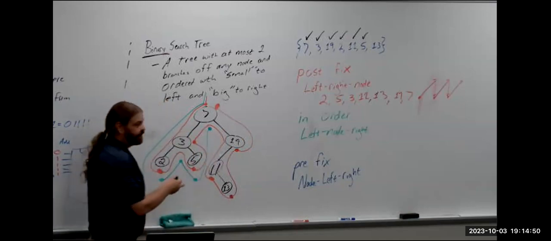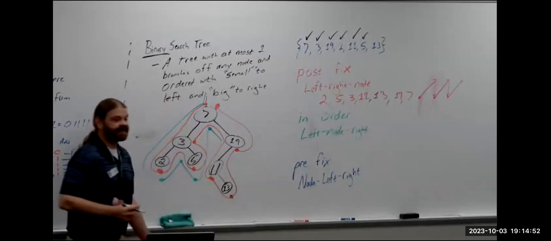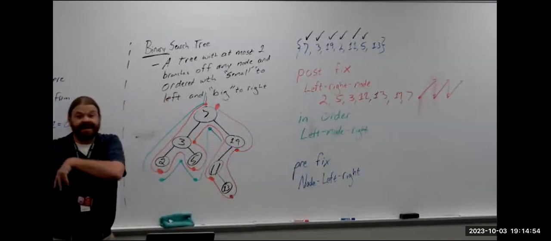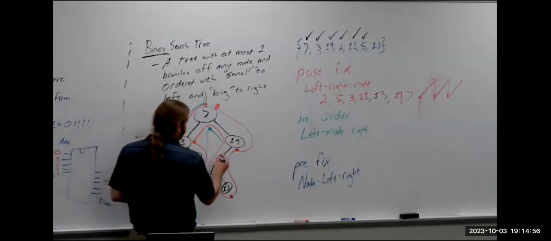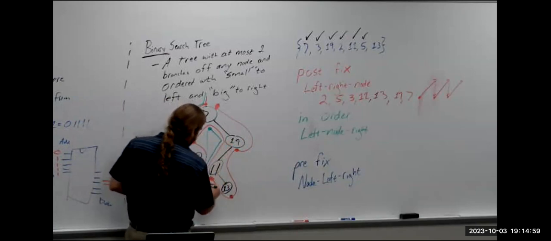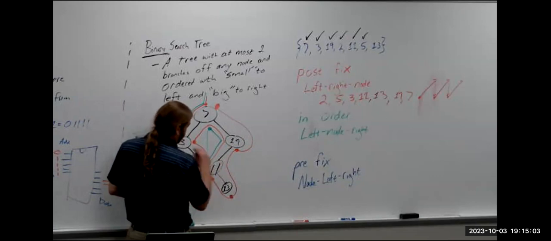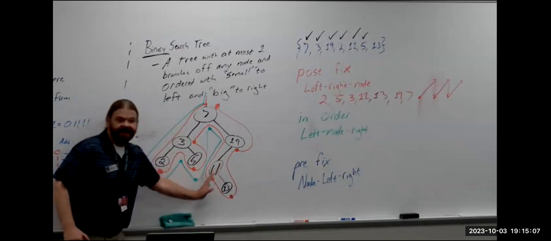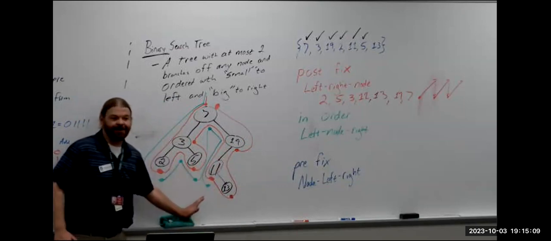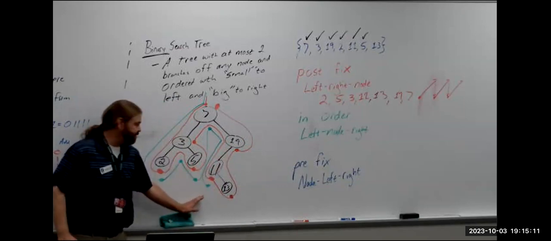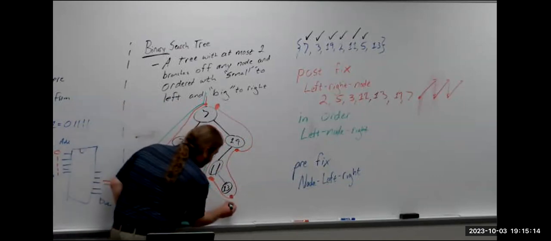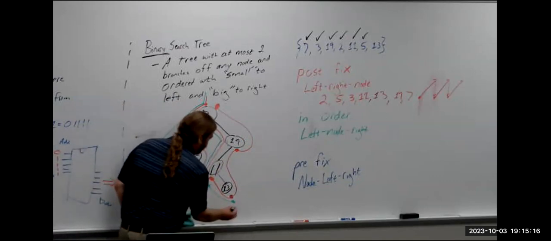Now we have to go to the right. So we start going right, but now we have a chance to go left again. So anytime we have a chance to go left, we go left as far as we can, which gets us over that 11. We grab that 11. Actually, we would think of that as a binary tree or another branch here. We couldn't go any further to the left, so we come back, grab that node. Then we go to the right.